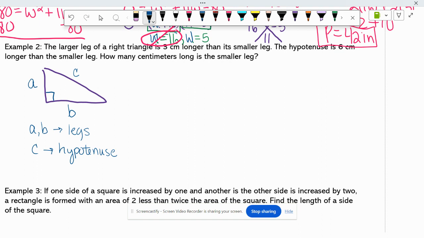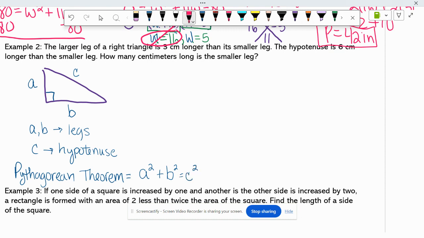What formula, what famous theorem do we use to find the missing side of a right triangle? The Pythagorean theorem: A squared plus B squared equals C squared.